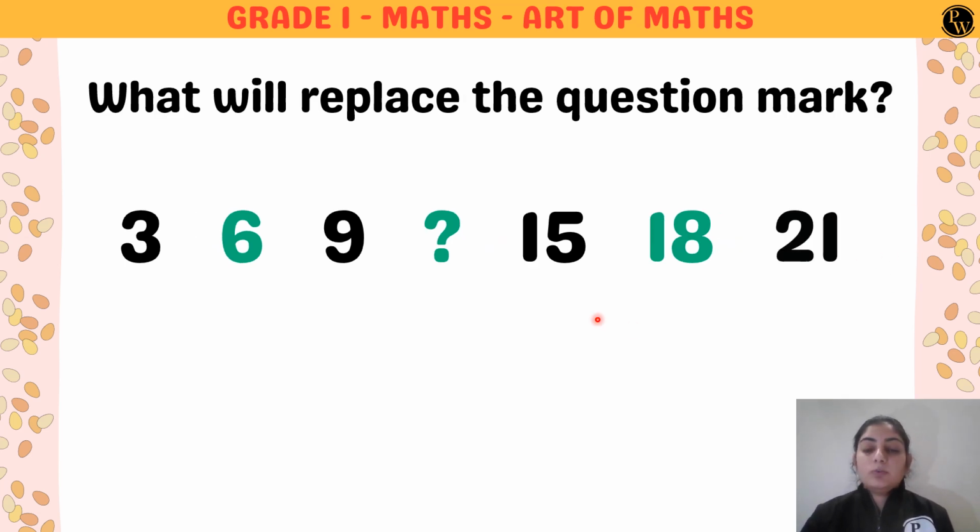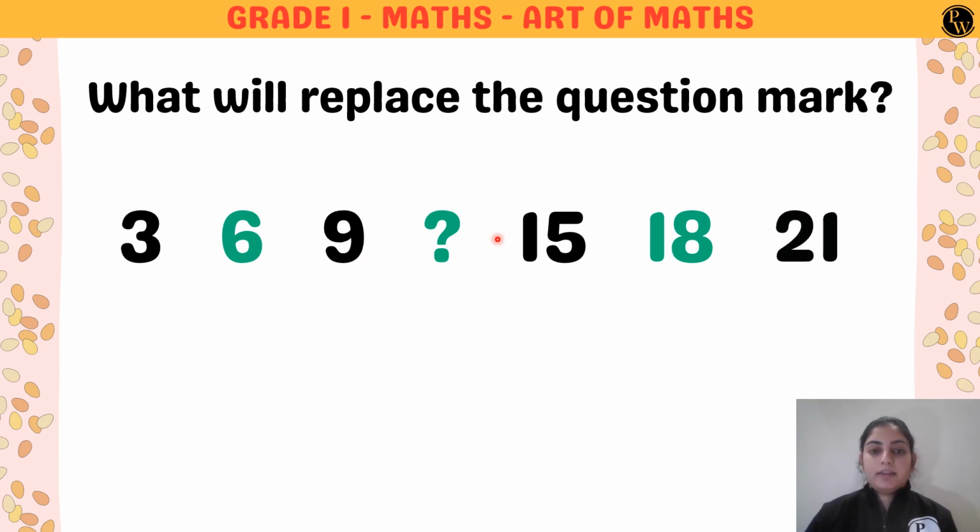Now let's see what will replace the question mark in this pattern. Here we have the first number as 3, then 6, then 9, then a question mark, then 15, then 18, and then 21. We can see that on adding 3 to 3 we get 6, and after adding 3 to 6 we get 9.